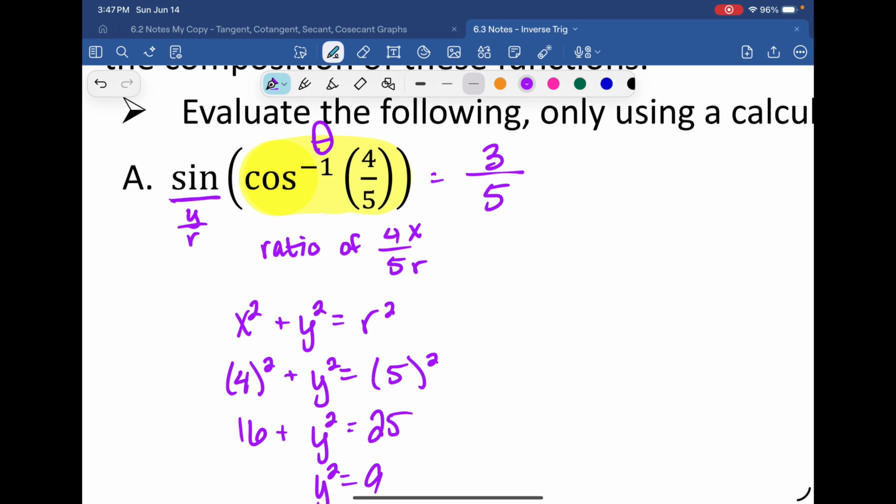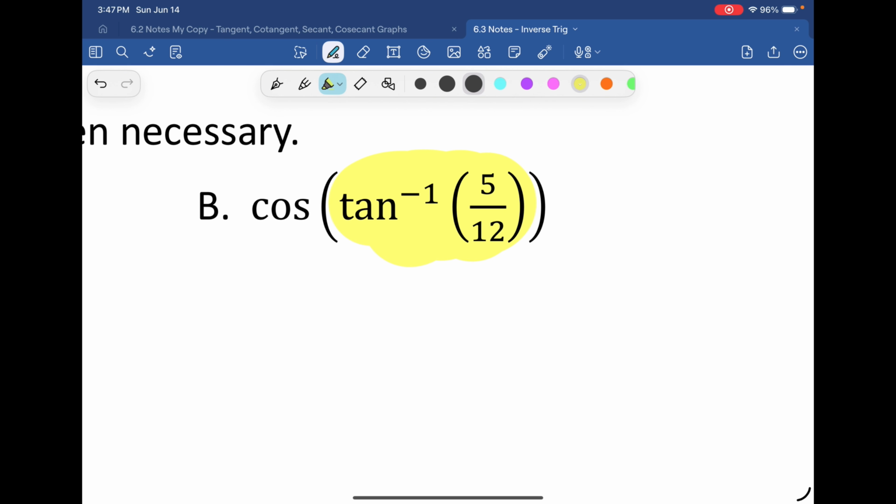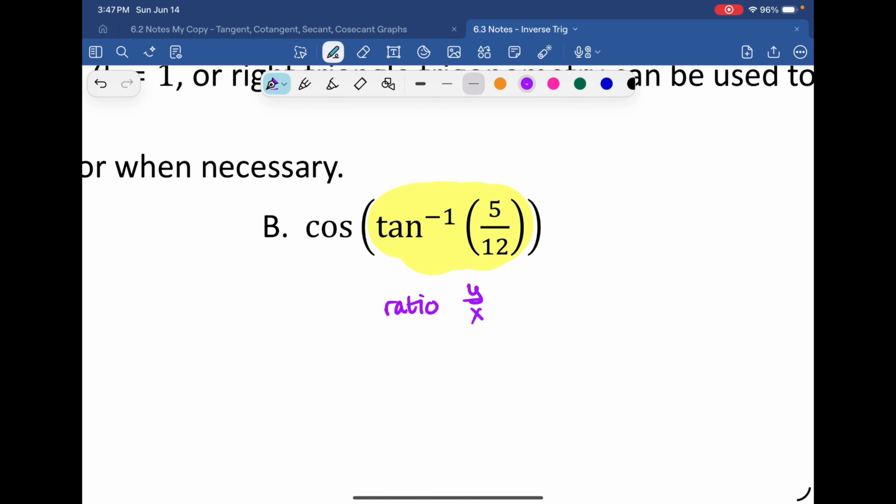We're going to do the same idea here. Inverse tangent. Tangent is a ratio of y over x. So that means I know that the y is 5 and the x is 12.